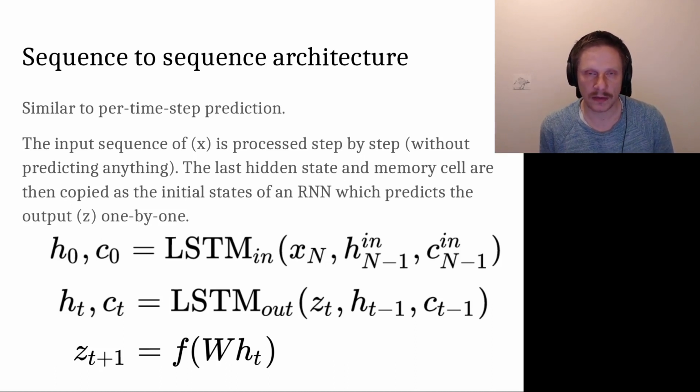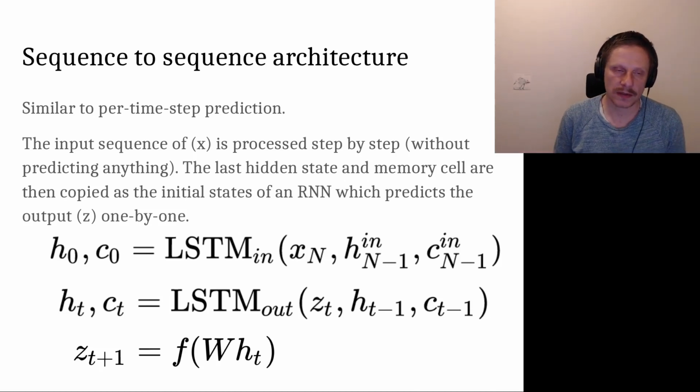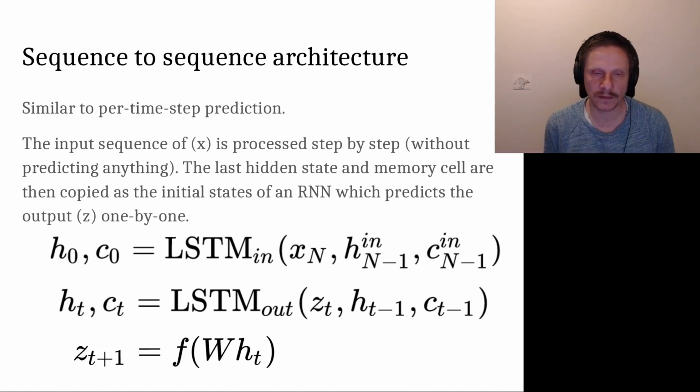And then we just simply do, per each time step, a prediction, and that is indicated by the last line. So the output at time Z t plus 1 is a function of the hidden state at time t, with some weights from this hidden to the output and a softmax applied here to predict the next word that should be output.